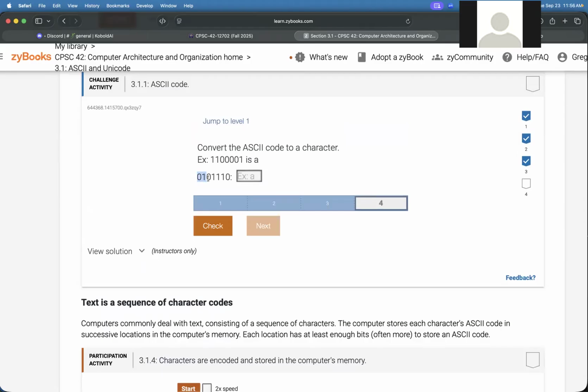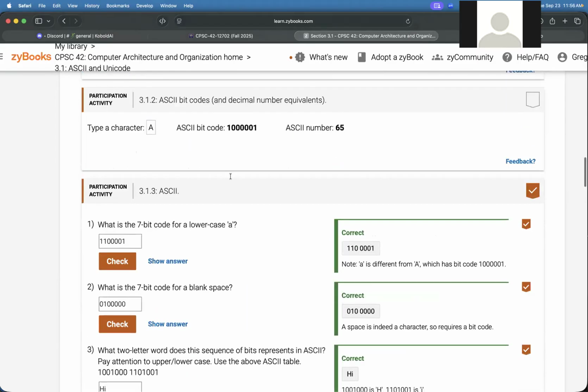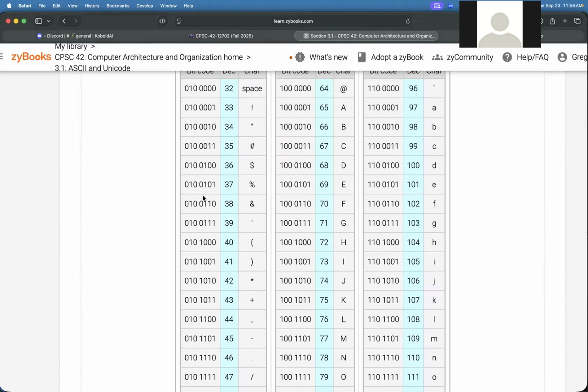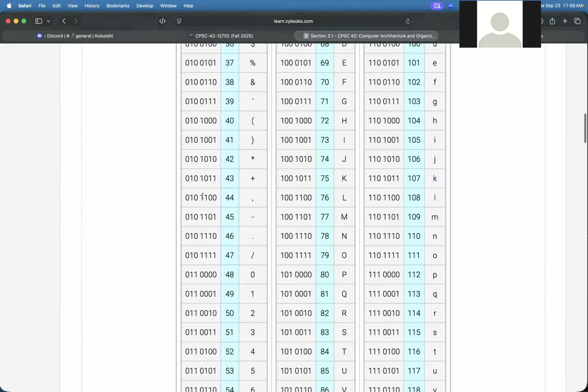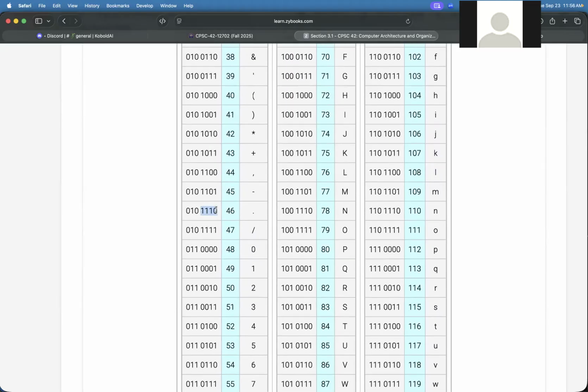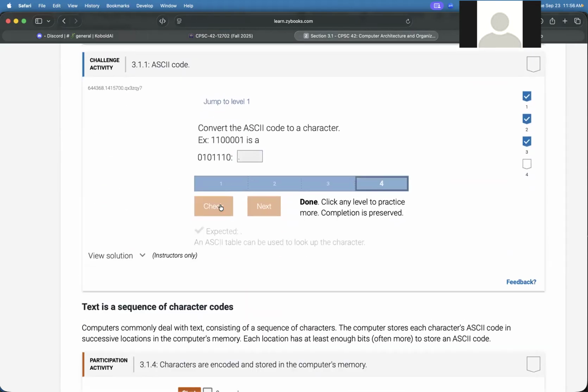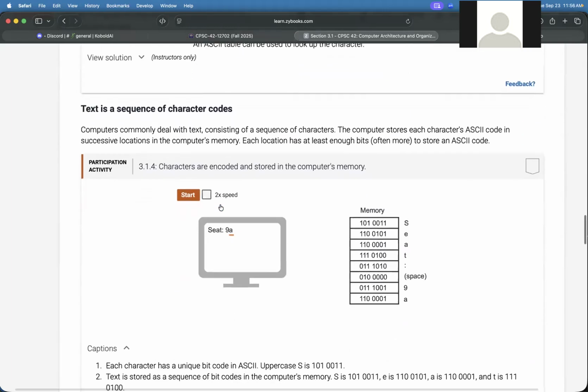Same thing here: this is 010, I think that was all the way on the left. And then 1110. I think that's here. So is that a period? If I get it wrong, then I get it wrong, but yeah, we got it.